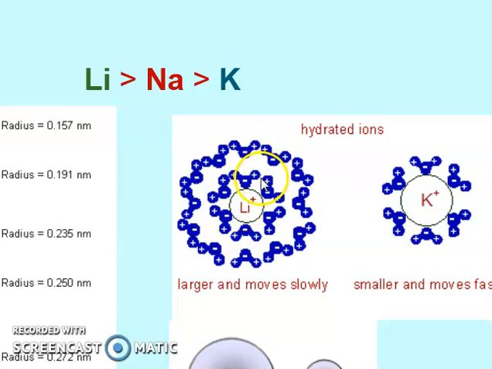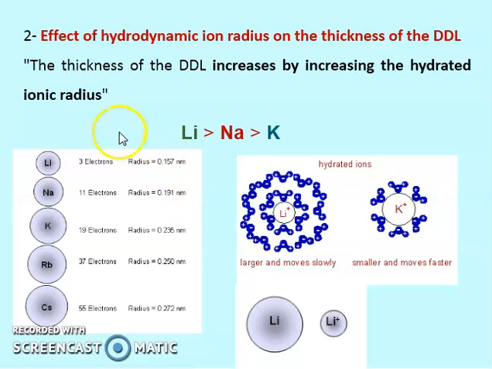If you look, since potassium has a bigger size than lithium, its ion radius is bigger than lithium. Its ability to bond water molecules around the ion is less than lithium. So if you have a bigger hydrated ion radius, then you will have a bigger electric double layer.